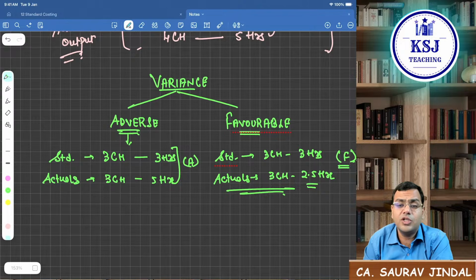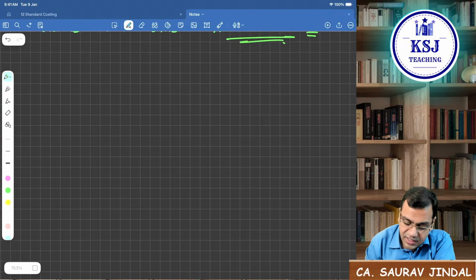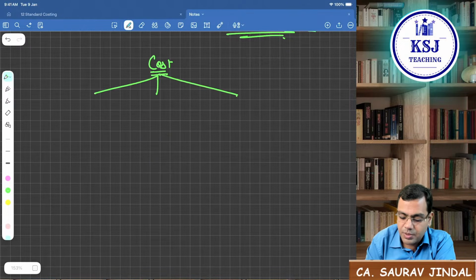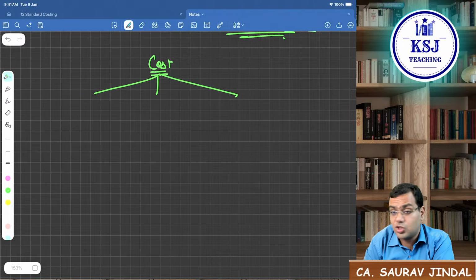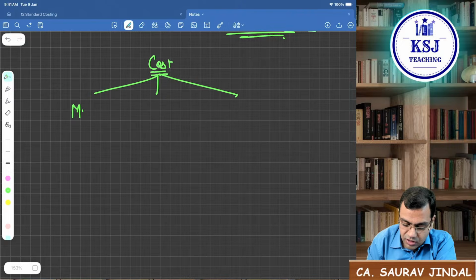So now I'll move on to the individual variances. In costing, we have three types of variance. Variance is all related to cost here, right? What is the cost you planned, and what is the actual cost incurred. So it is related to three parts. One, the material cost. Second, the labor cost.